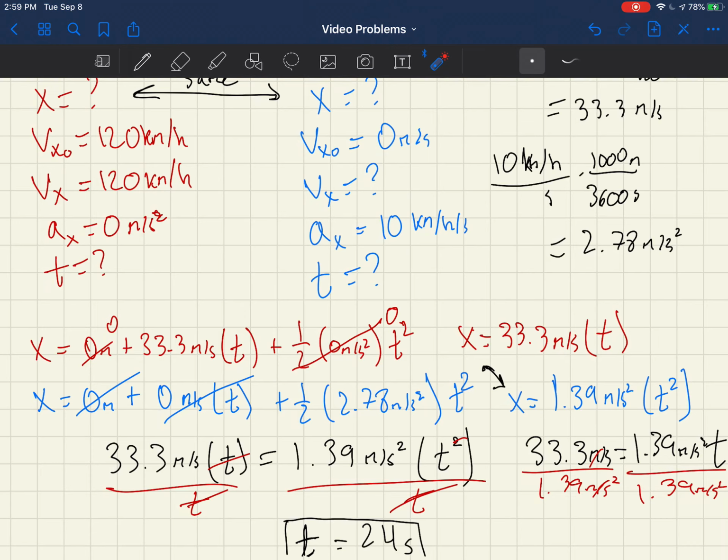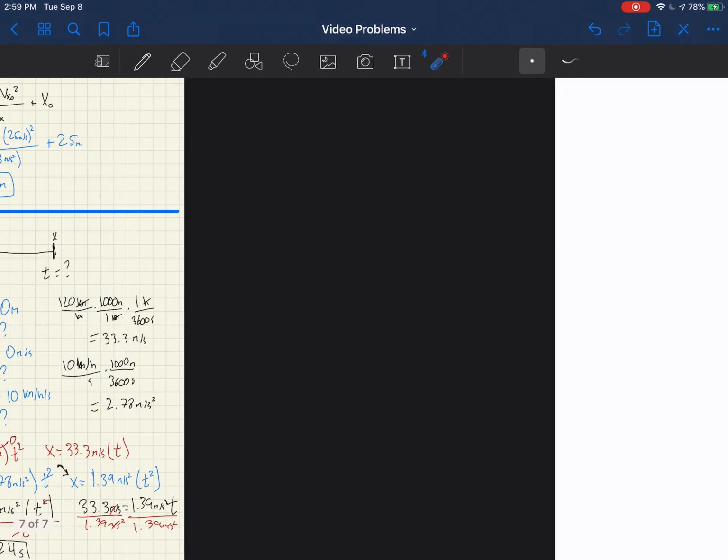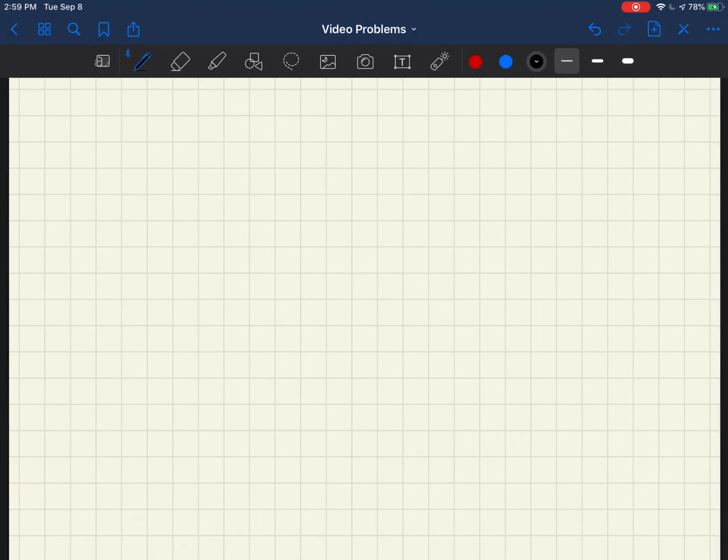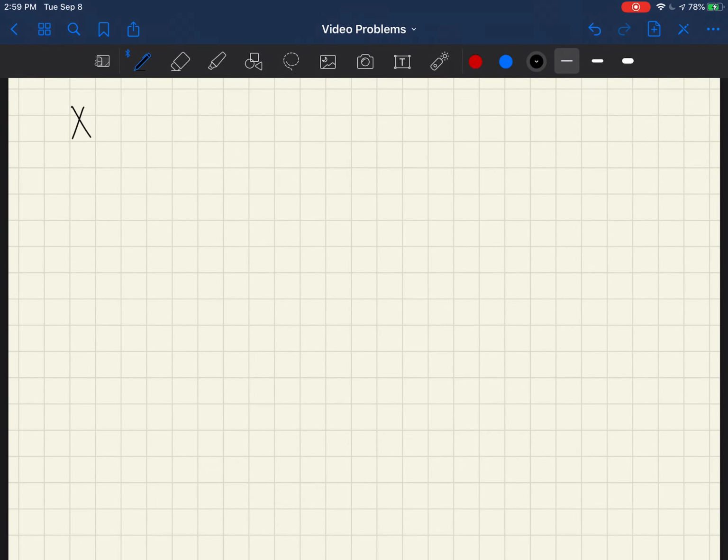And then, how fast will the police officer be traveling at this time? So now we just need to know Vx final after 24 seconds. I'm just going to use that first equation for the cop car, and I'll have my answer. We know the initial position was 0. We don't know the final position.